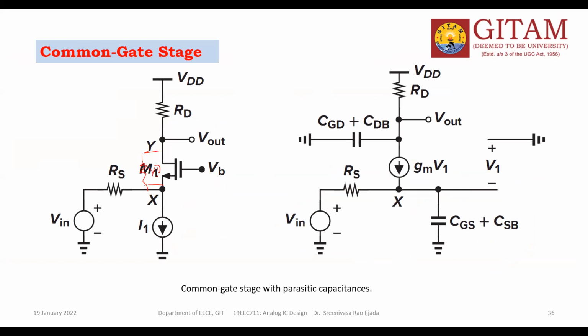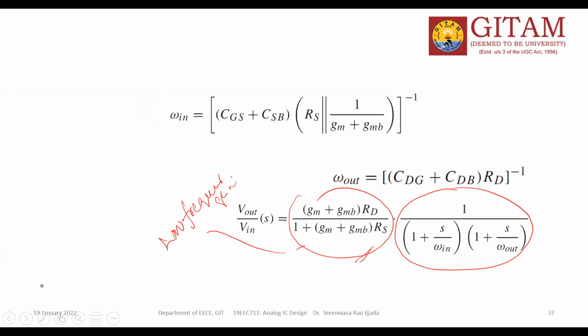Since we are not considering it, in the small signal equivalent circuit we did not find R0 anywhere. If it is there, then R0 will be coming here. So this is the transfer function without R0.